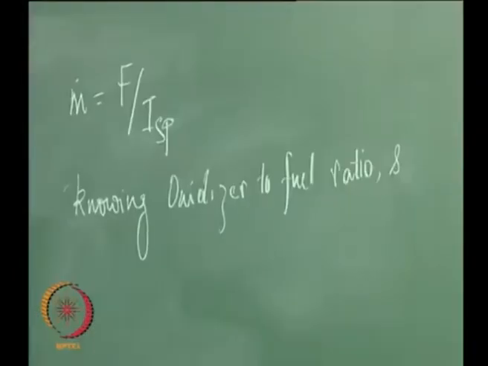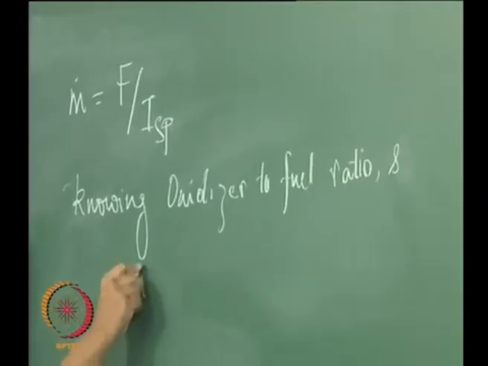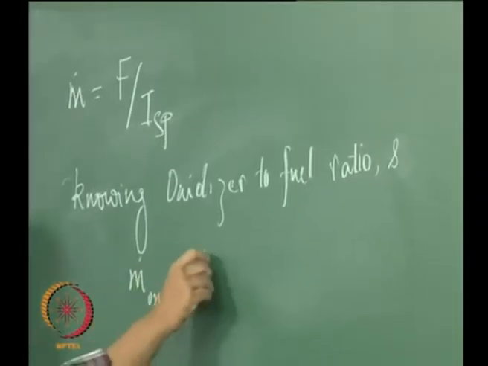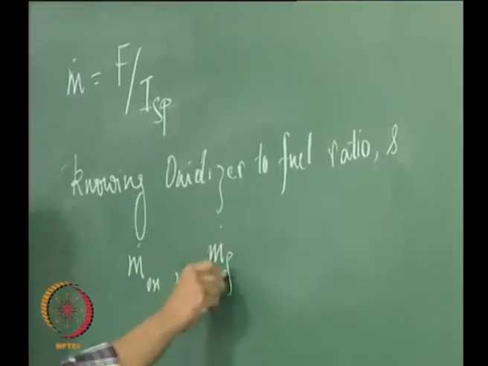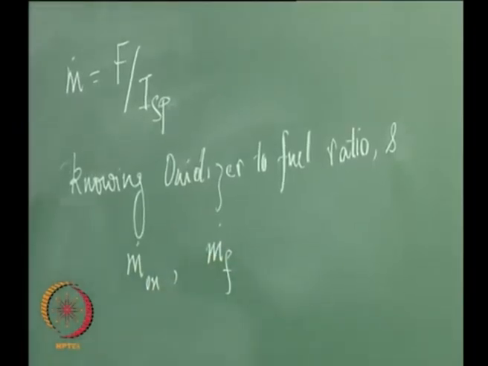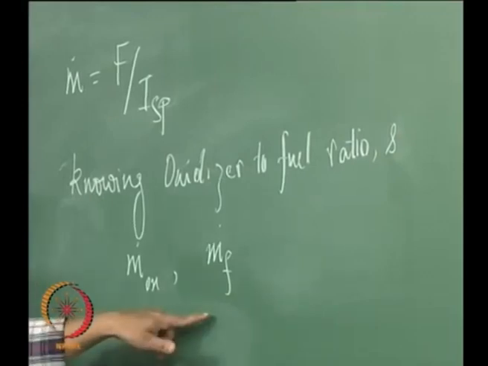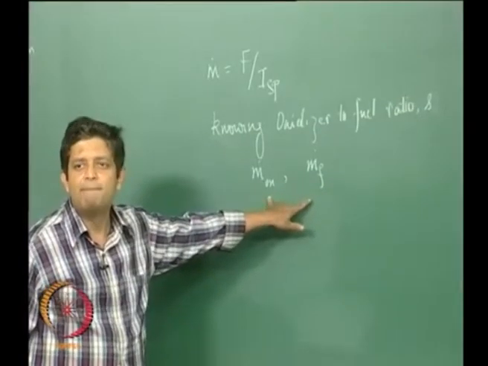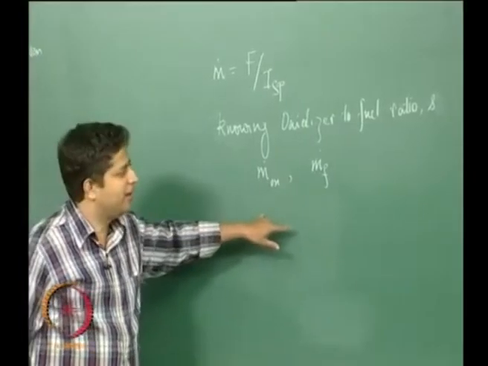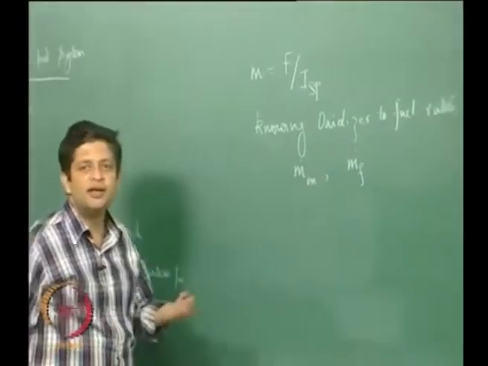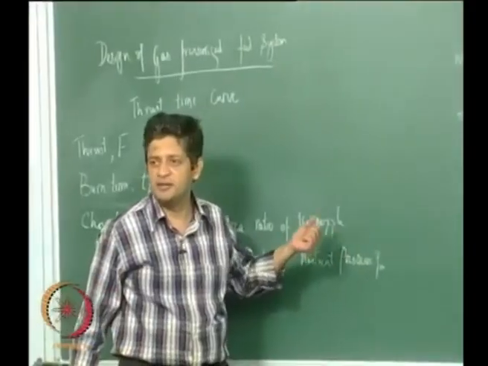Okay. Then you can calculate the individual mass flow rates of oxidizer and fuel, right. So if you can calculate the individual flow rates of oxidizer and fuel, and then you also will know the density of these materials, right.